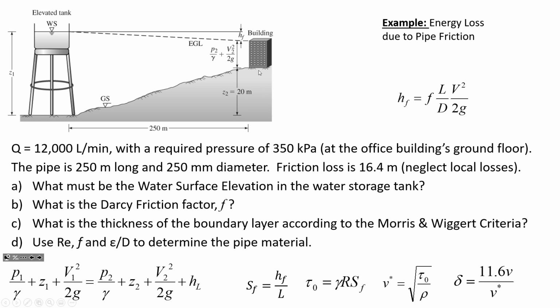We're going to be substituting into the energy equation, where at location 1, in the tank, the fluid will have no pressure and no velocity, and we're just calculating for Z1 as the unknown. At location 2, at the bottom of the building, we know the elevation and we know the required pressure is 350 kilopascals.